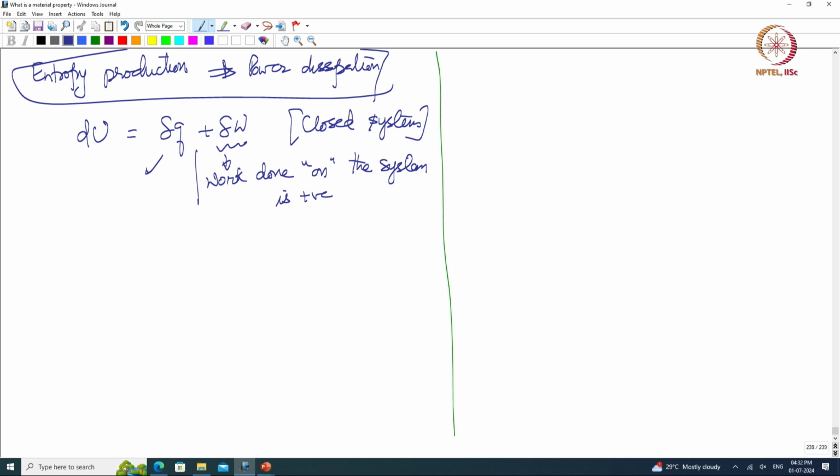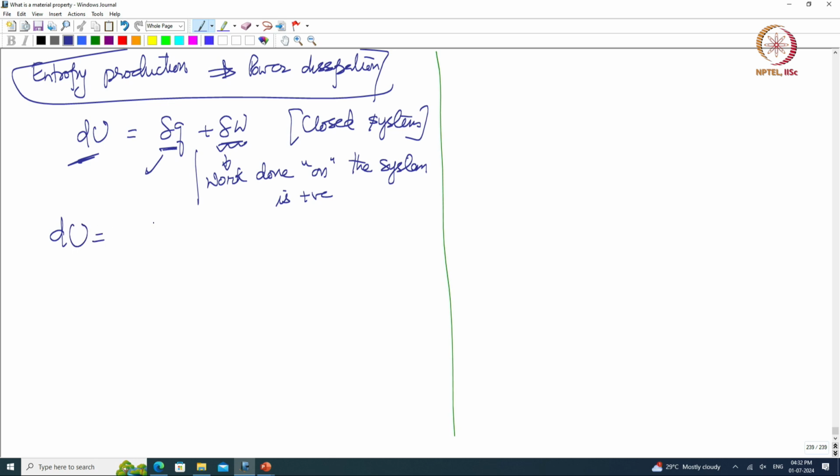So you give heat to the system, you also do work on the system, and this heat plus work gives you the total increase in internal energy. That is how we understand the first law. This we have done earlier.